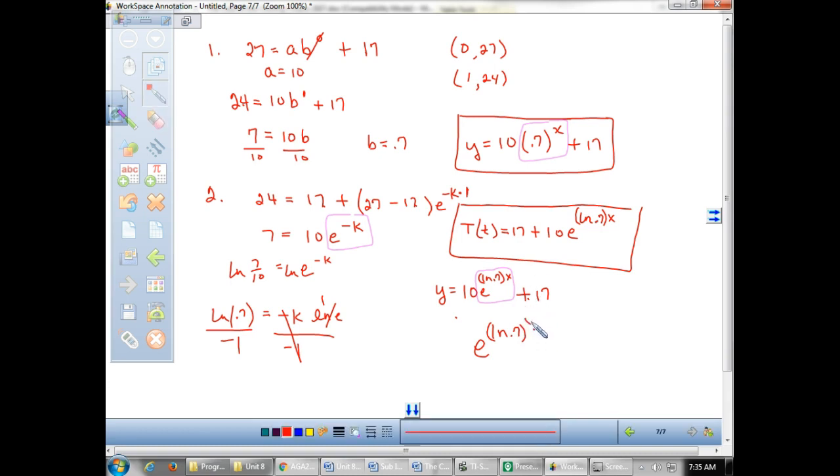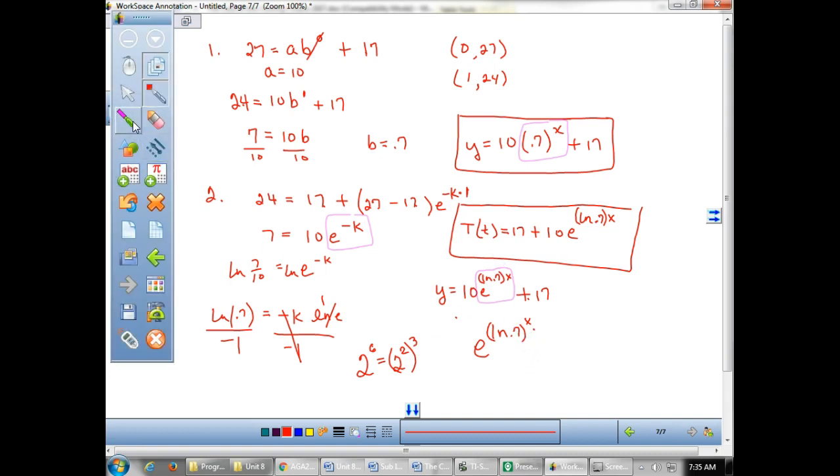So I can actually do that. Now here's why. If I have 2 to the 6th power, do you guys remember I could rewrite that as 2 squared to the 3rd power? So that's essentially the same thing I'm doing here.